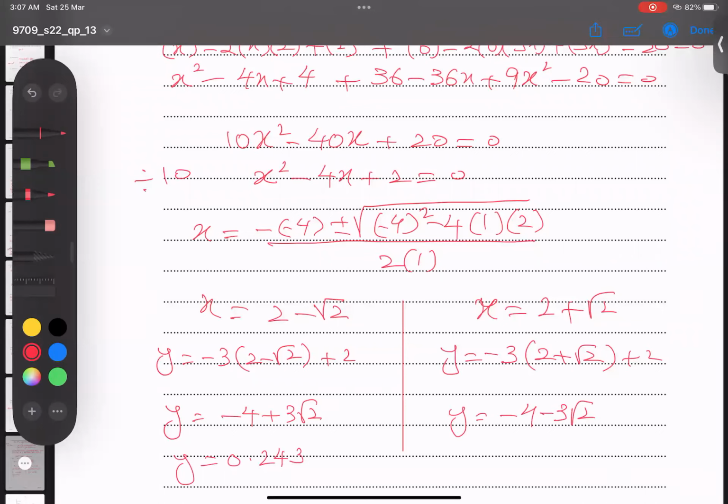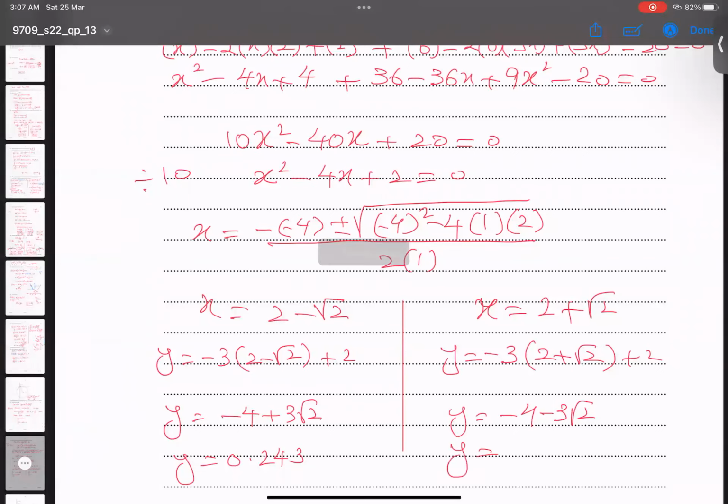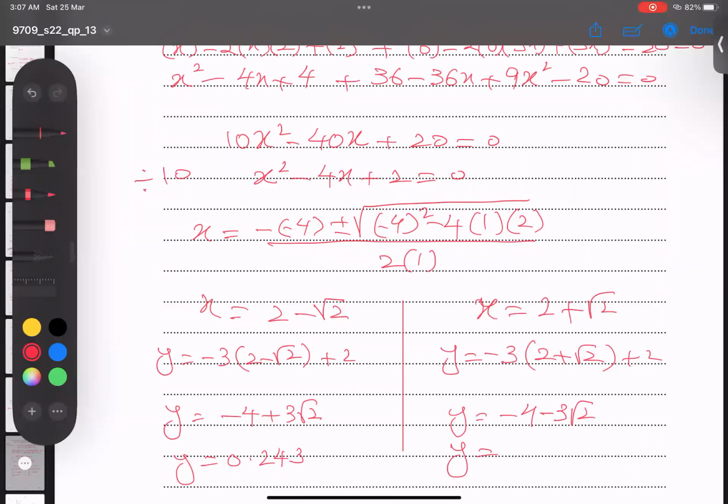And the other answer I'm getting is, wait a minute, let me recheck. This other answer is coming negative. I will check once again. Okay, this is coming negative 0.824.